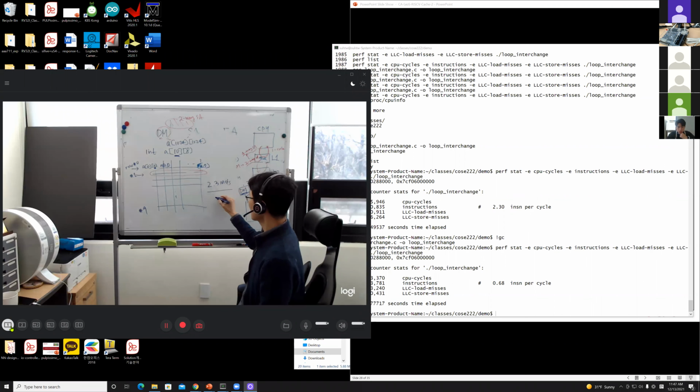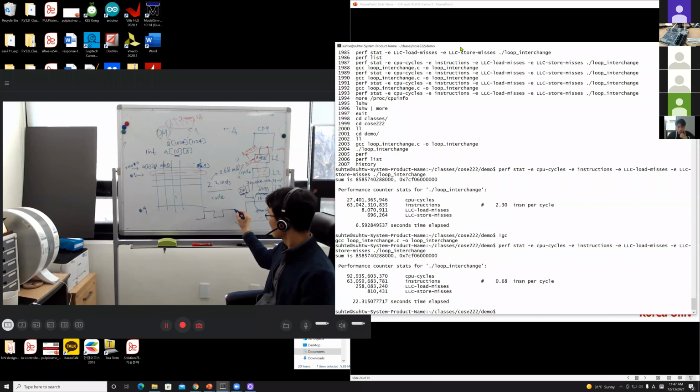Okay, so probably you are curious, how come in each clock cycle you can execute more than one instruction? 2.3? How come? Yes, because Intel x86 CPU is superscalar, not a scalar CPU like the one we discussed in this course.